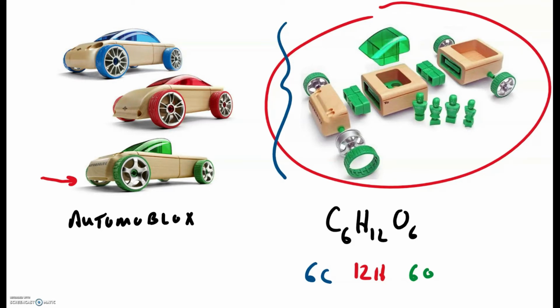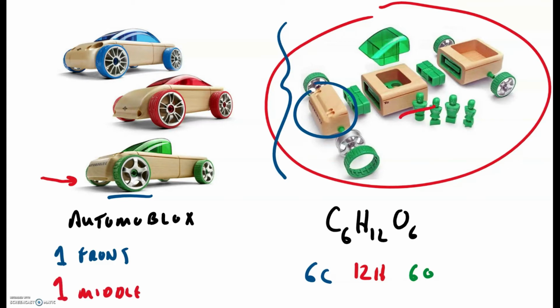We could say that if you wanted to build one of these vehicles, you need one front part. That's this guy right here. You need a middle part. You need the back part, this guy right here.